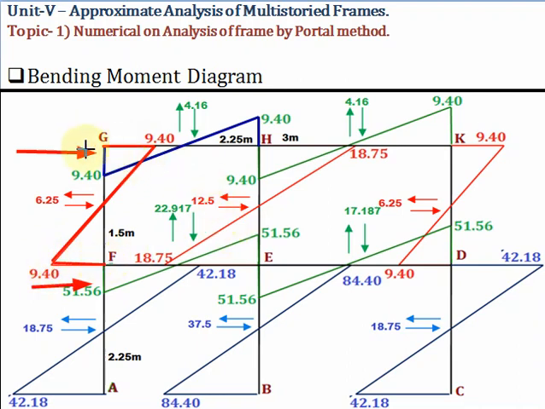So this is the nature of bending moment for the beam, and this is the nature of bending moment for the column. So these things you have to remember. Now if the lateral force is in this way, then you have to apply the reverse of this here. Okay. So this is the bending moment diagram for the given frame.